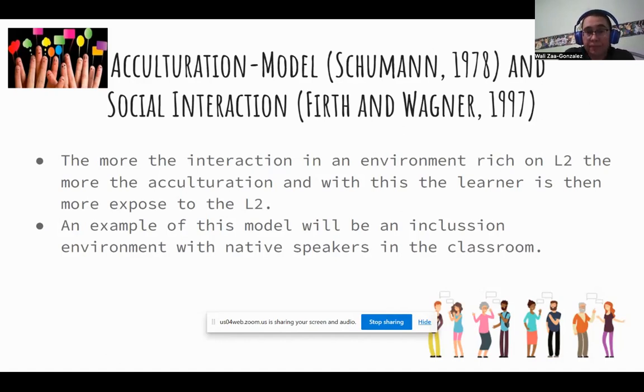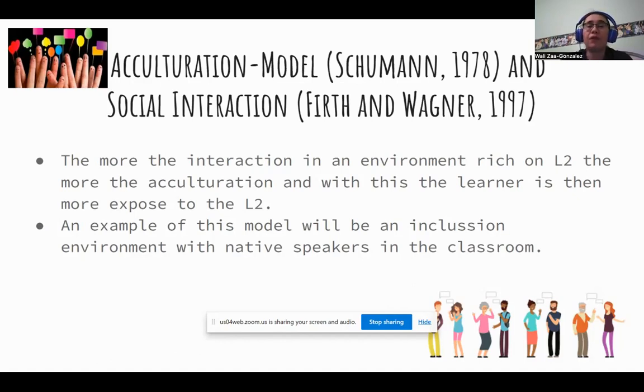The more interaction a learner has in an environment rich in the L2, the more acculturation there is, and therefore the student is more exposed to the L2. Social interaction plays a very important part for acculturation to happen. That's why I have put those two hand in hand.